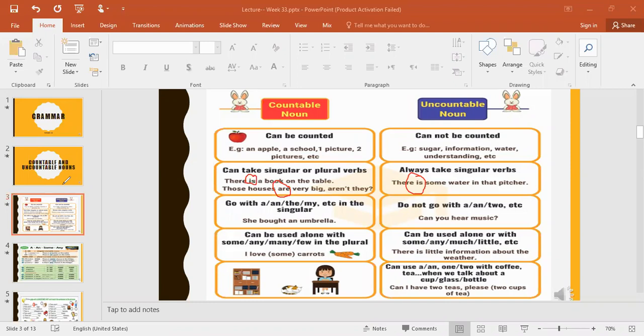Can I have 2 bottles of water, and so on? This is the difference. Only if I'm talking about a piece, a cup. Only if I'm using it with a cup, with a jar, and so on.